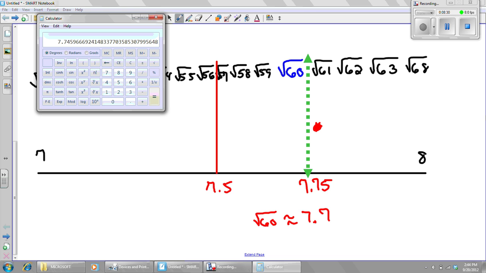If you look also, the calculator is telling you 7.745, and when I did my little estimation by using the third quartile, I came up with 7.75. Look at how close that is. That is very close. All right, so this is a very powerful way to figure out approximate square roots.